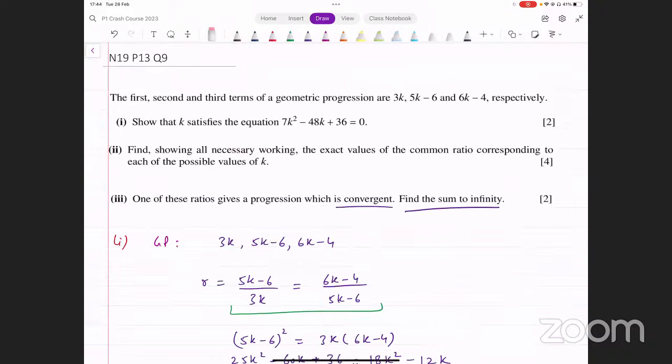All right, so convergent means ratio has to be between minus 1 and 1. That's the condition for convergence, because if the ratio is between minus 1 and 1, the sequence would eventually converge to 0. The values will keep getting smaller and smaller, and they'll become 0 eventually.